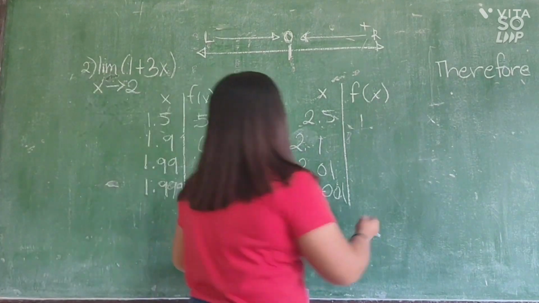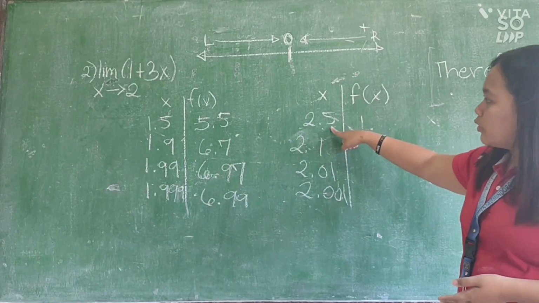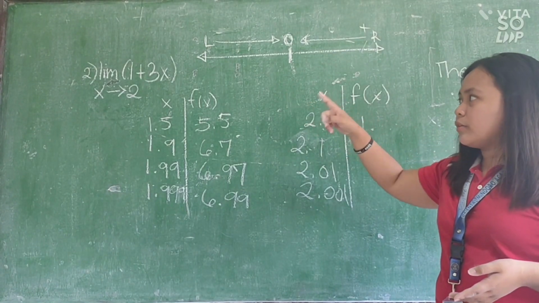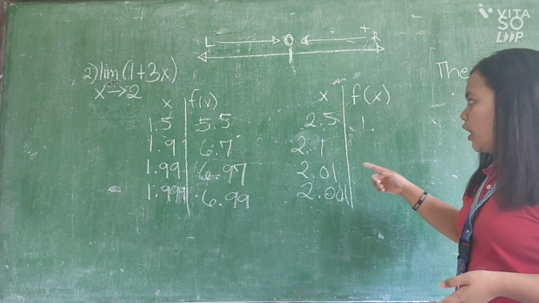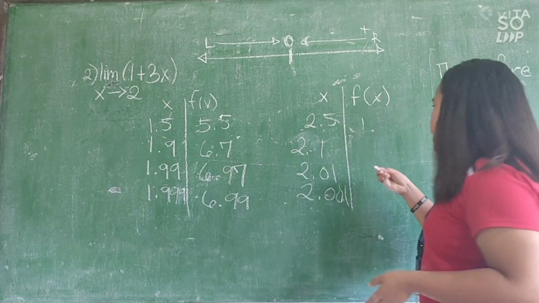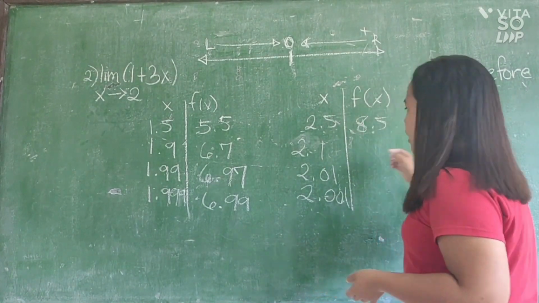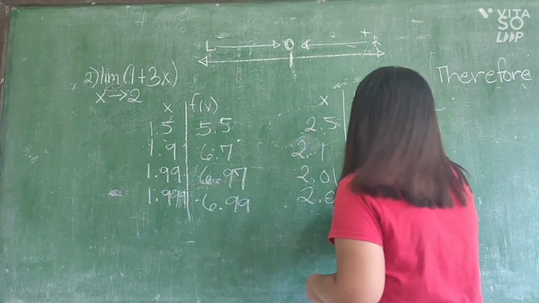So sa ating kabila naman is 2.5 using that given 1 plus 3x as x approaches to 2. Ang ating sagot dito is 8.5. 2.1, ang ating magiging sagot is 7.3.